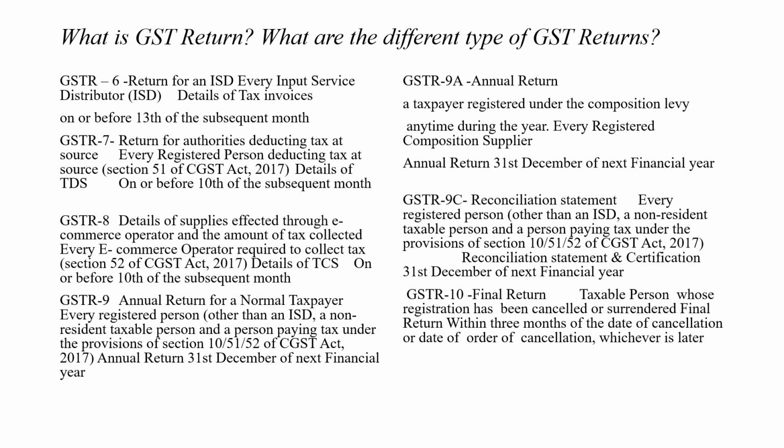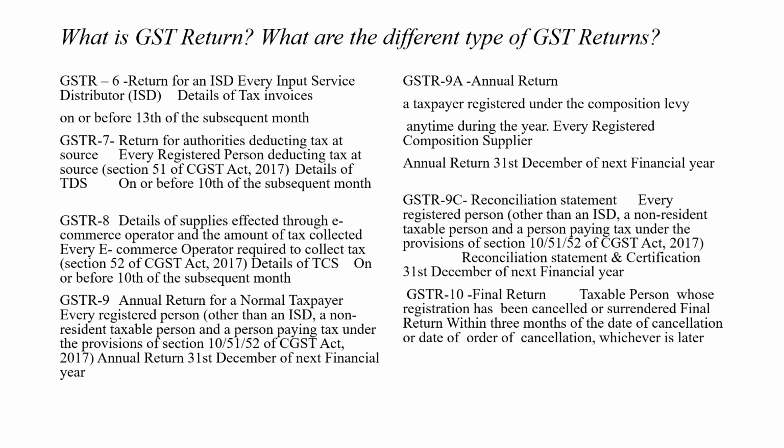Let us come to the next form. GSTR 9, annual return for a normal taxpayer. Every registered person other than an ISD, a non-resident taxable person, and a person paying tax under the provision of section 10, 51, 52 of the CGST Act, annual return by 31st December of the next financial year.